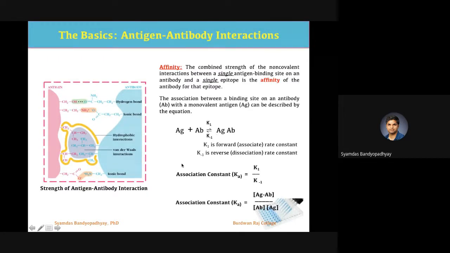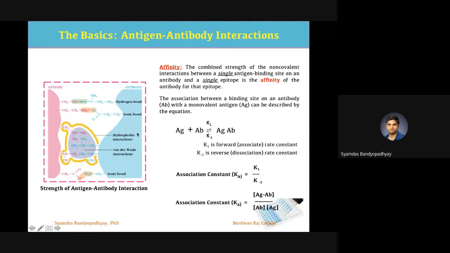If you would like to calculate the association constant, Ka, it is the ratio of K1 to K-1. If you put in the concentration values, it becomes the concentration of the antigen-antibody bound complex to the product of the concentrations of free antibody and free antigen. This gives you the value of the association constant.